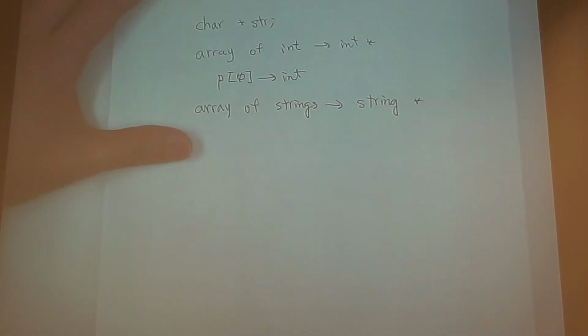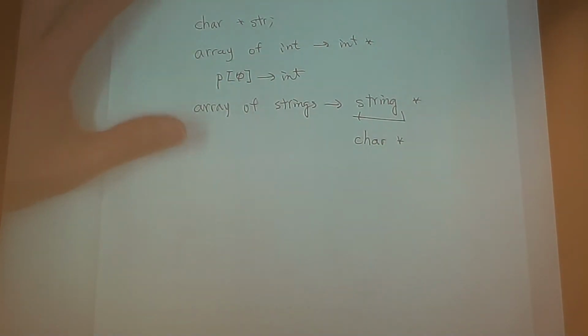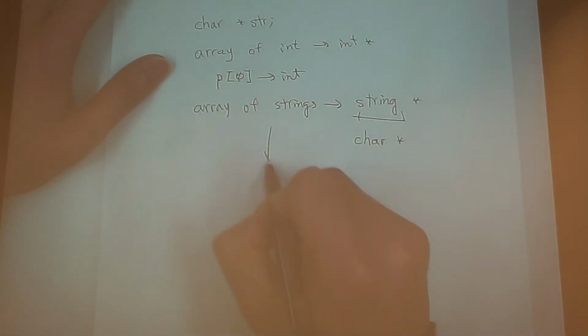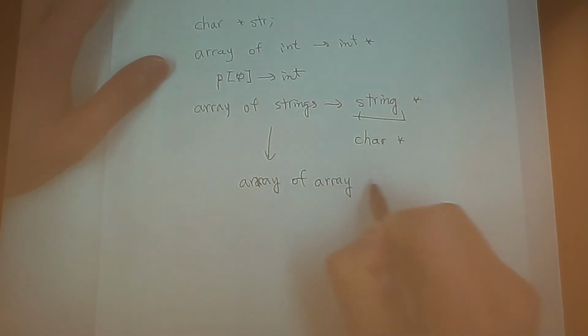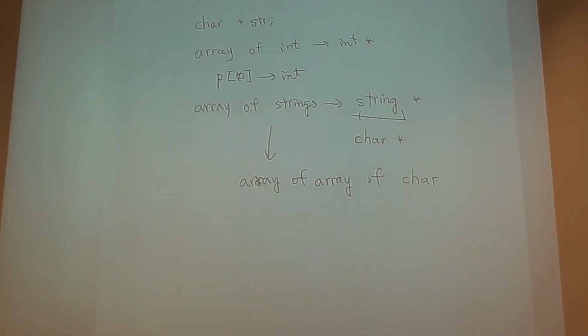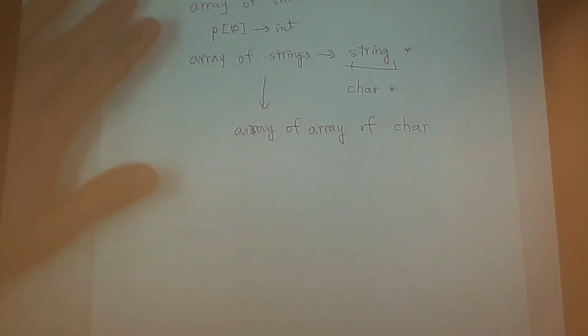But C doesn't have a string. In C, string means it's character star. Therefore, if you have an array of strings, that will be an array of character star.